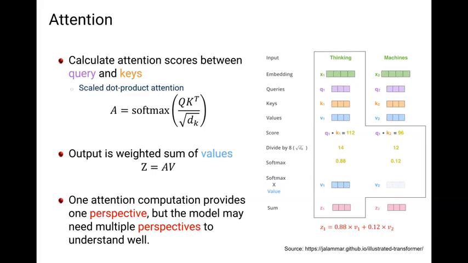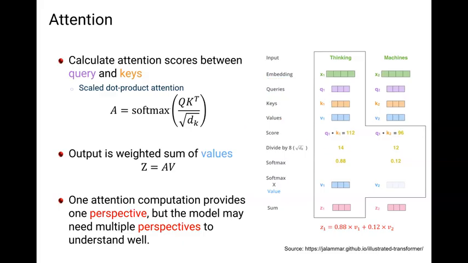Once you have this QKV, here is the embedding, this is the query vector, and this is the key vector. These are computed with the weight matrices Q, K, V. These three will be trained and will learn what they should be. Once we have learned them, we're able to compute the QKV vectors.